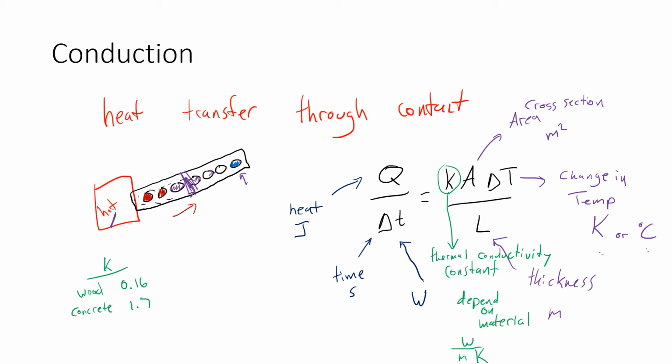This means that wood is a better insulator than concrete because a smaller number here means less heat per second is going through it. Give you an idea about glass. Glass is about 1.05. Now, again, there's lots of different types of glass, but generally it's about 1.05.